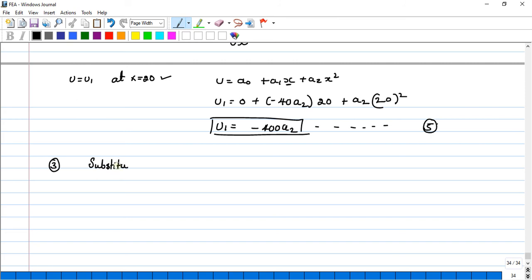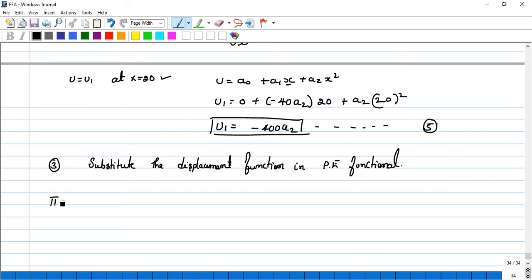Substitute the displacement function in the potential energy functional. So this step we have to follow. We already know the potential energy functional, pi.